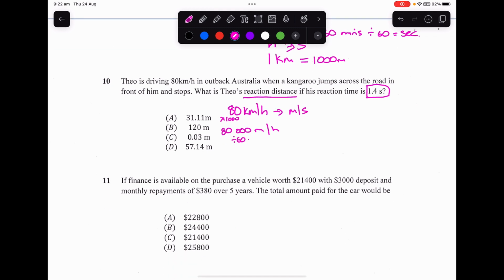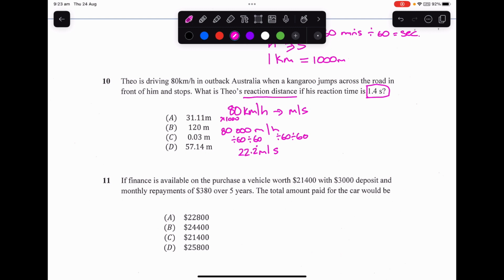I'm going to write it on both sides. When I divide an hour by 60, I get to minutes, and I divide it by 60 again, I get to seconds. If I take 80,000 and divide it by 60 and by 60 again, I get 22.2 meters, and that 2 is repeating.